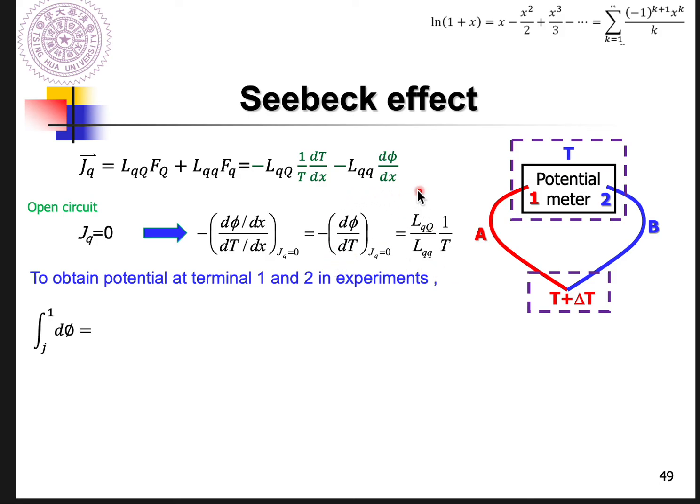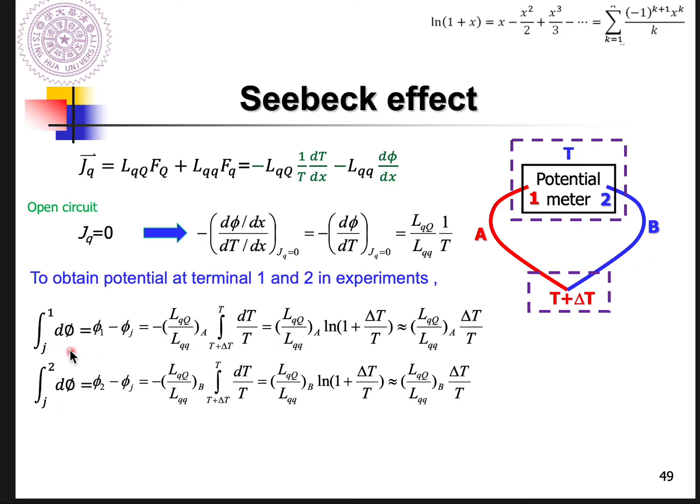The integral for the potential φ part is from the junction to 1, and for the temperature part from T plus delta T to T. So we take the junction to 1, and also the junction to 2 for material B. Taking this integral, we get φ1 minus φj, right?